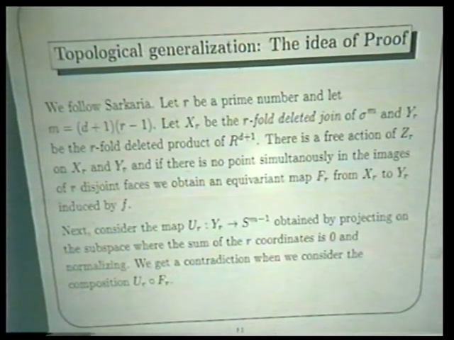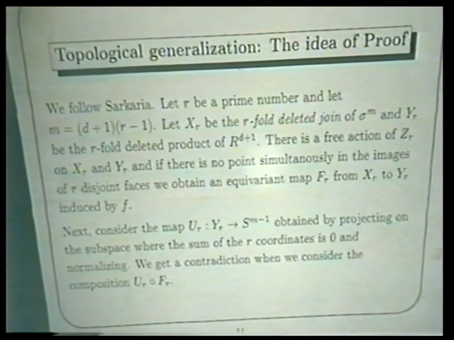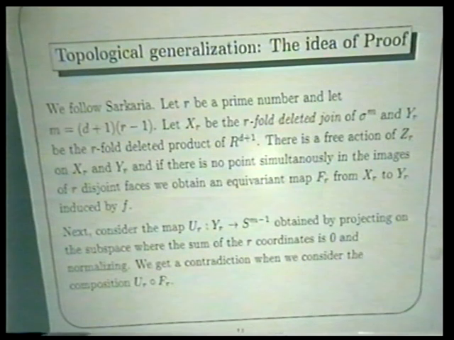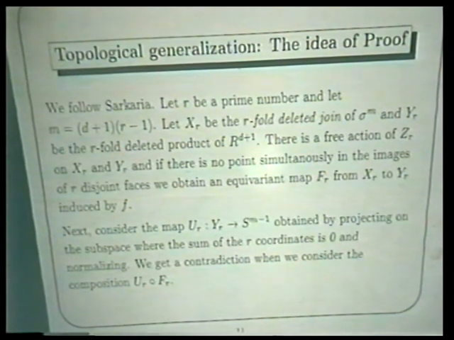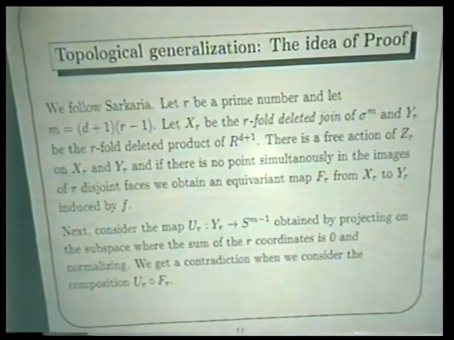And now we consider this space Y_r, and we do another operation. We project it into some proper subspace. So we project it by considering all the r-tuples whose sum of coordinates is 0, and then we normalize to get vectors of norm 1, and we get a sphere of dimension a minus 1.